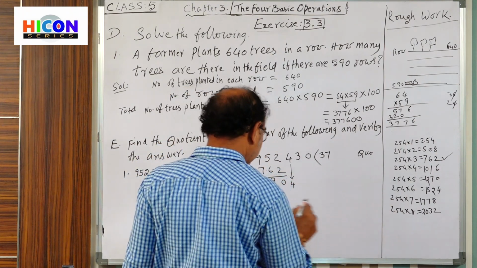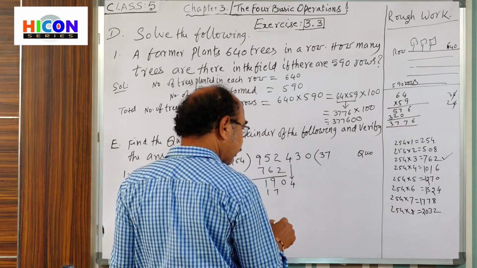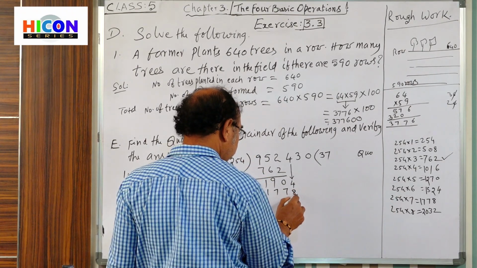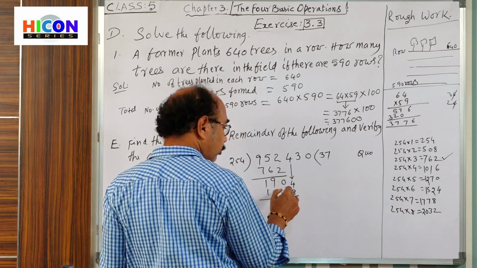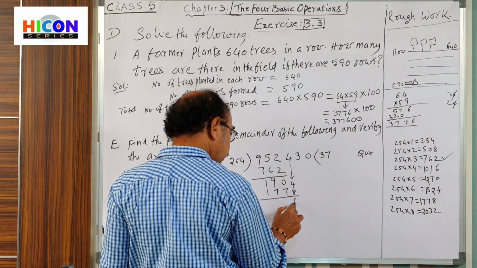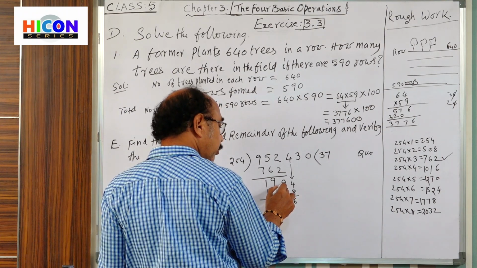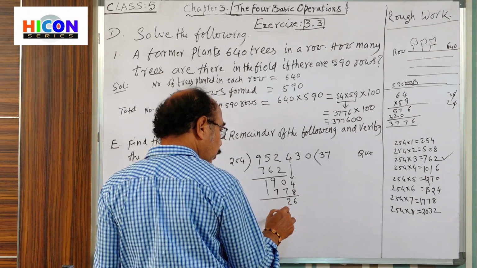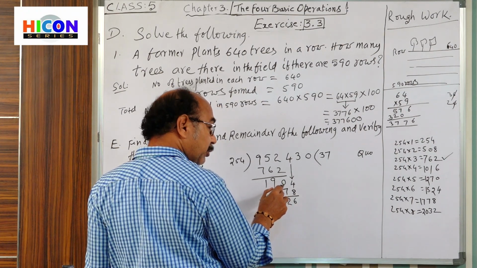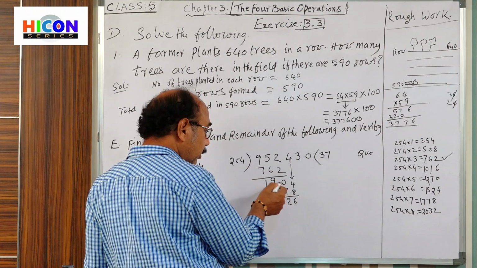How much is 7 times? 1778. Subtract. 4 minus 8, borrow, then 14 minus 8 is 6. Here 0 can't give a borrow, so we borrow from the 9.